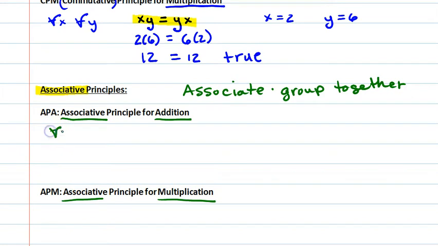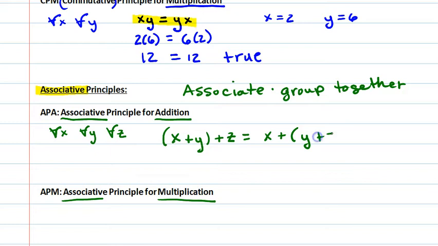So for all real numbers for x, all real numbers for y, and all real numbers for z, so we're going to use 3 variables here, this should be true. If I take x and I add y to it, and then I take that and add z to it, I should get the same result if I take x and add to it y plus z. Notice here that the grouping symbols have changed. In one I'm grouping x and y, and the other I'm grouping y and z. The variables have not changed location, just the grouping symbols.